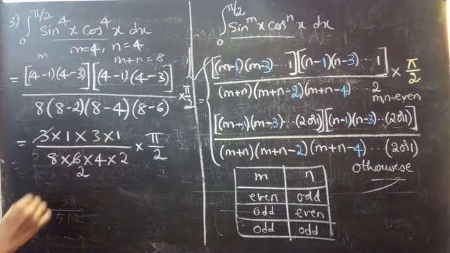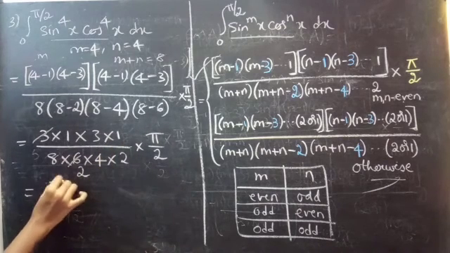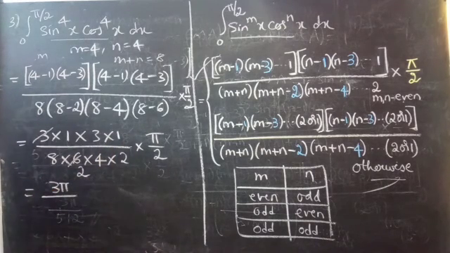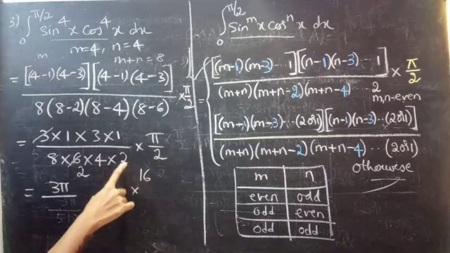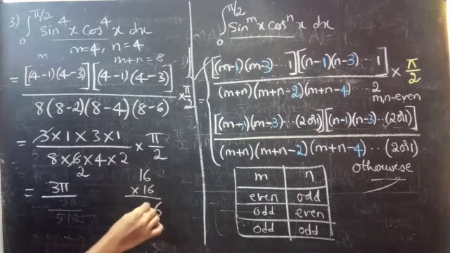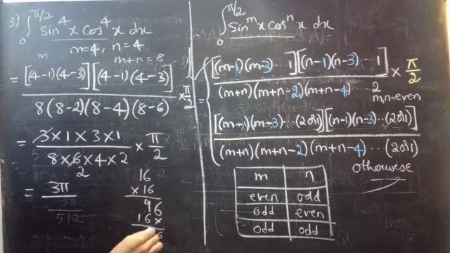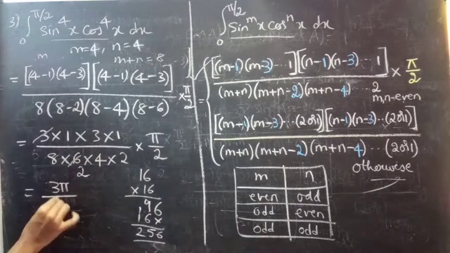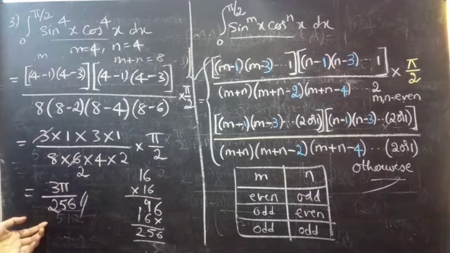Now you'll get 1 into 3 into 1 is 3. 3 into pi is 3 pi over 8 2s are 16 into 4 2s are 8, 8 2s are 16. 16 into 16. 6 6s are 36. 6 1s are 6. 6 plus 3 is 9 into 1 6 are 6, 256. The integral over 0 to pi by 2 of sine power 4x into cos power 4x dx is 3 pi by 256. Okay, fine.